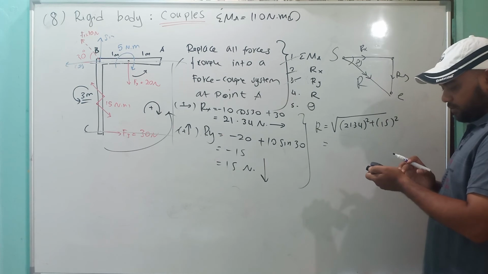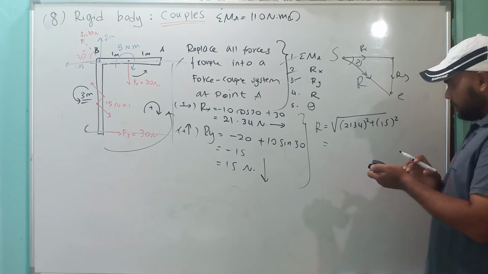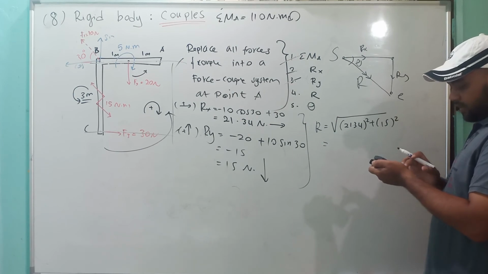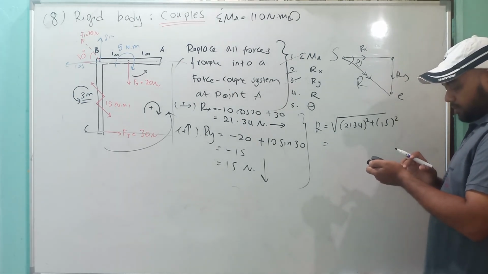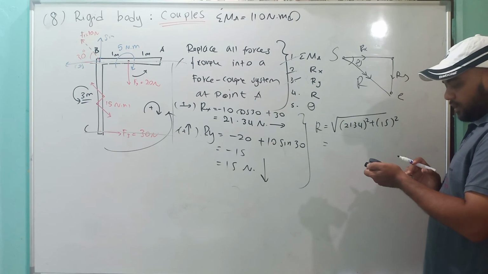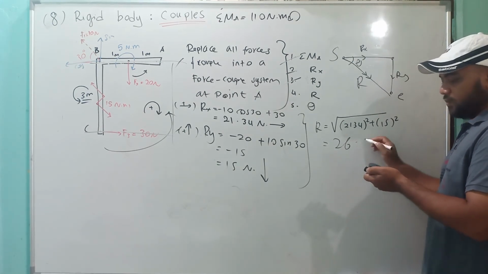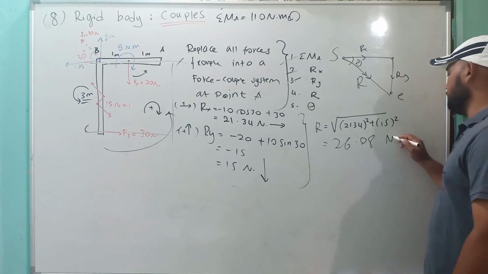So R, calculate this one: 21.34 squared plus 15 squared, square root of these two, 26.08 Newton.